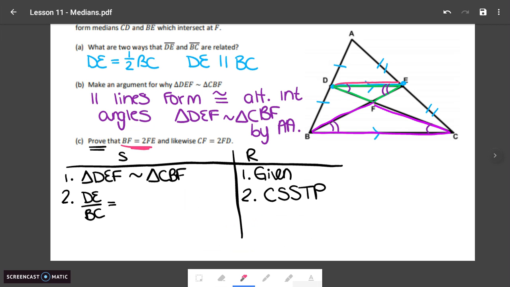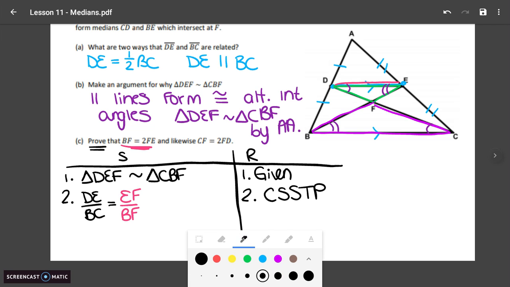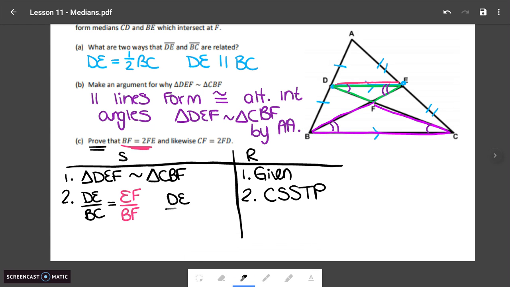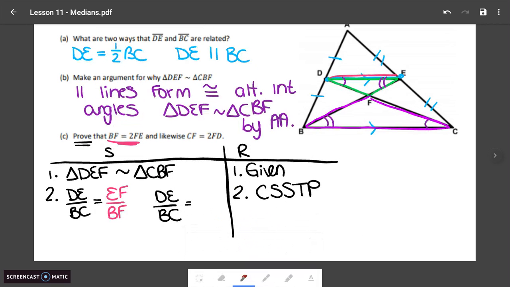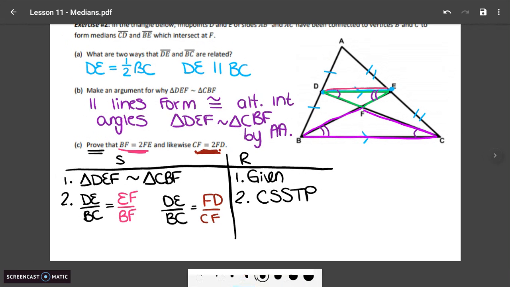The other one that's on the smaller triangle with that is EF. So we'd have EF and BF. Likewise, I could say DE over BC is equal to, again, we want the smaller piece, so I can also say that FD is over CF. So we know they're in that proportion here.